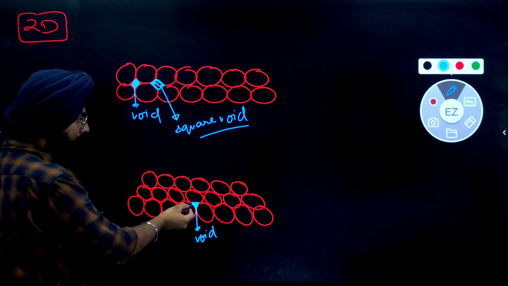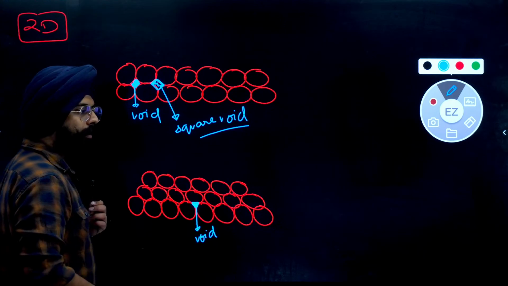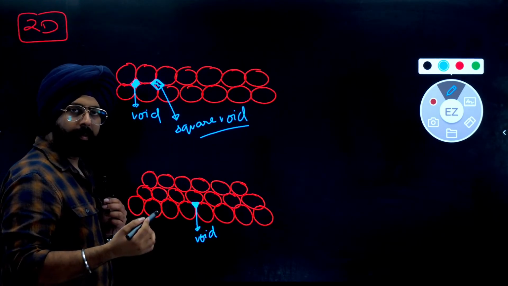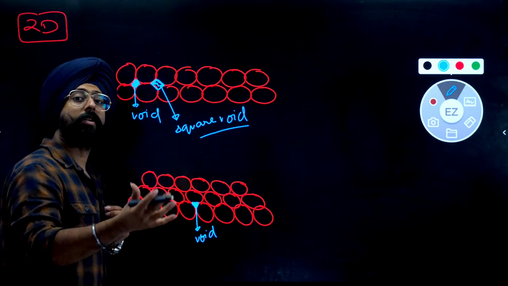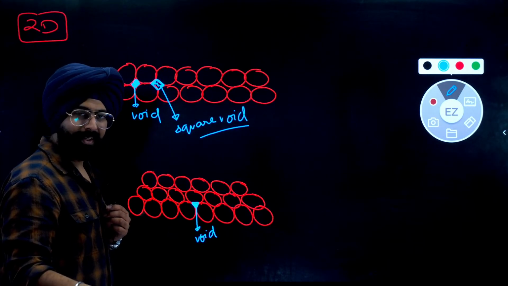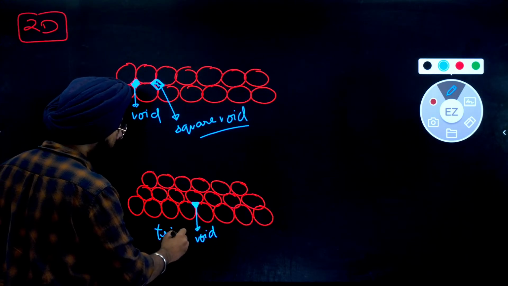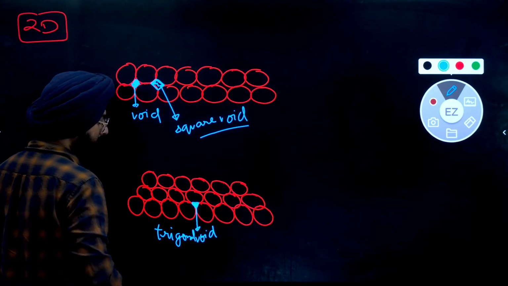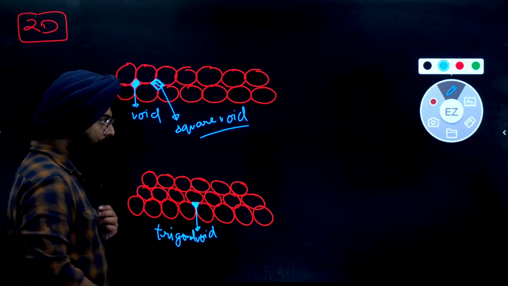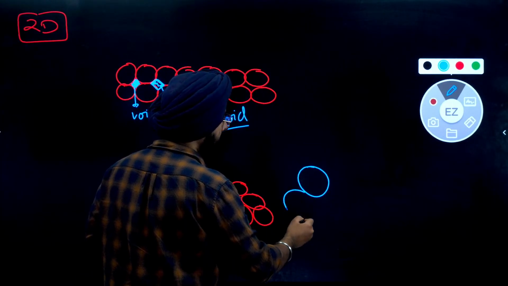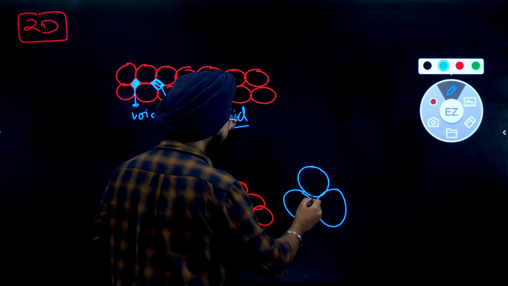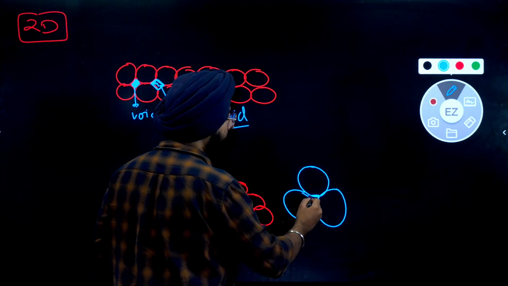This looks like a triangle, but you know in chemistry, we don't say triangle, we say trigonal. So this particular void can be called a trigonal void because it looks like a triangle. It is surrounded by basically 3 spheres that are touching each other, so this kind of a triangle is formed in the middle.